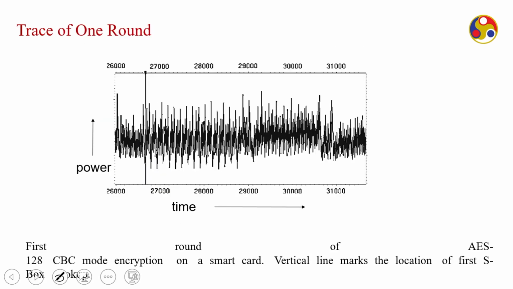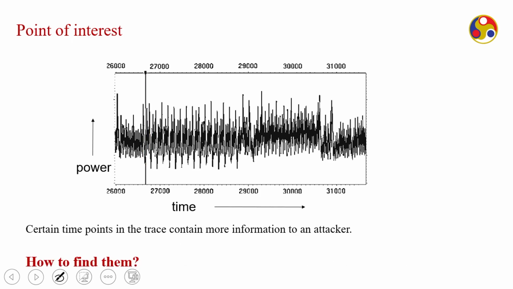With careful observation, because you have to do things multiple times to identify your point of interest, you will see a spike here, and you can correlate that this is nothing but the S box operation. This is where the S box operation is happening and there is more power consumption here. So, that will be my point of interest, right.